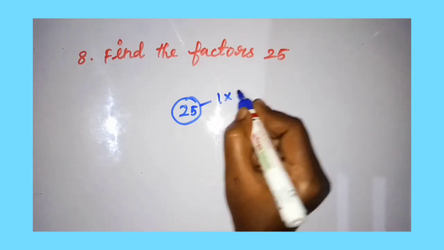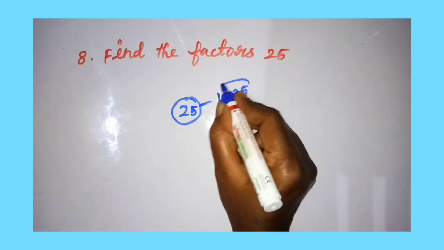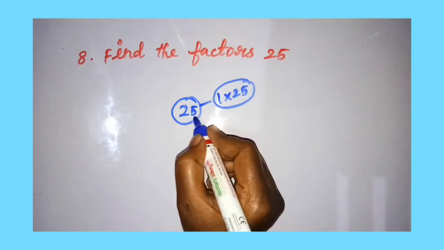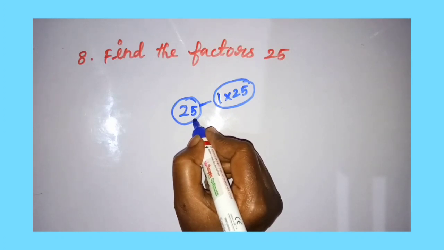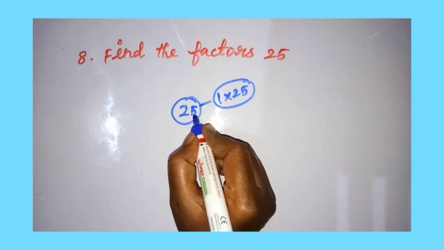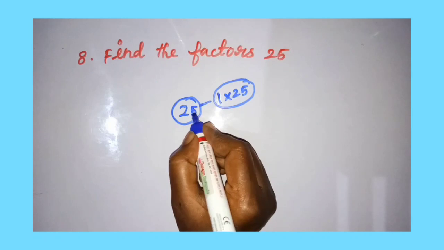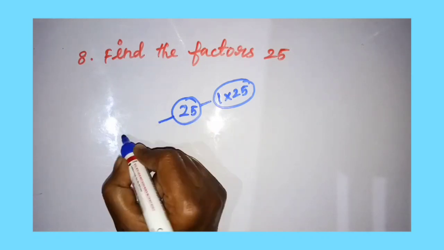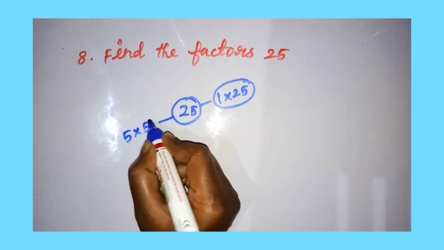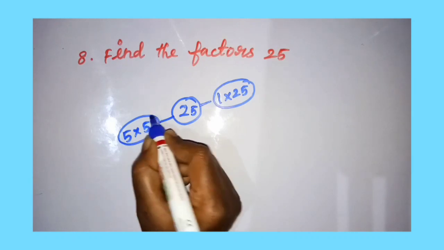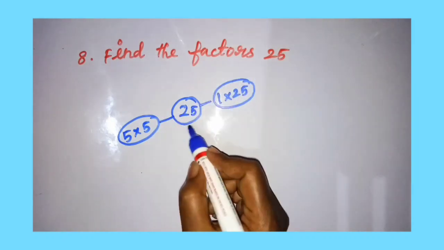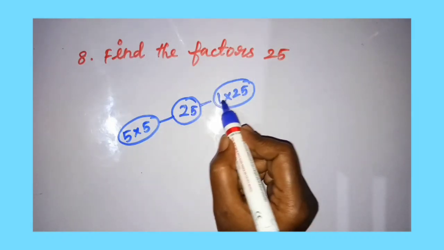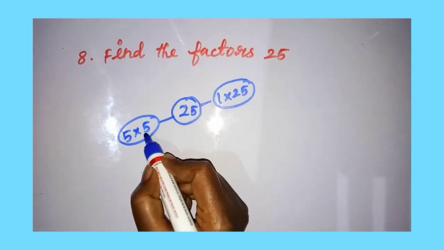So 1 twenty-five is 25, we write. Again, does it come in the 2 table? No. So the ending number is 5, so we take the 5 table. So we write 5 fives are 25. So factors of 25 means it comes in the 1 table, the 25 table and the 5 table.